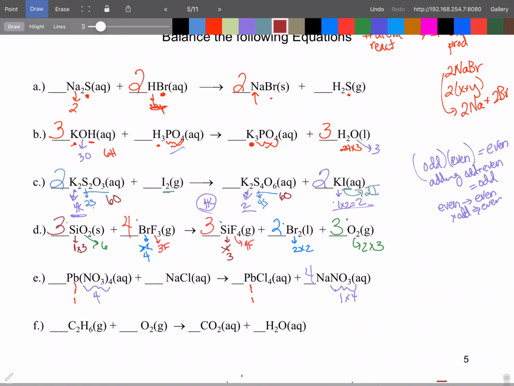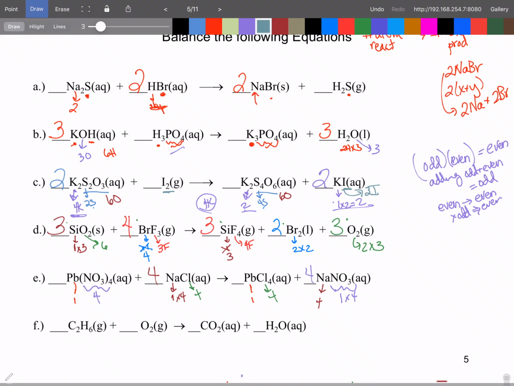All right, so we've done the leads and the nitrate. Let's do the sodium. So here we have 1. Here we have 4 because we multiply it by there. So we need to multiply this one by 4 here. The last one we have to look at is chlorine. We have 4 chlorides here, and we have 4 chlorides there. So we're balanced. So we have just balanced this equation.